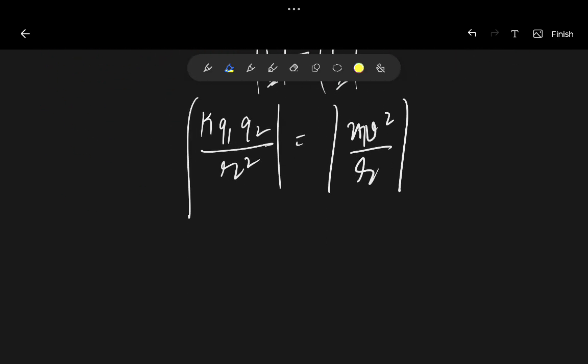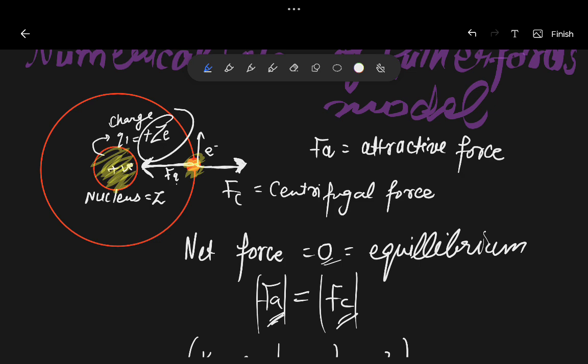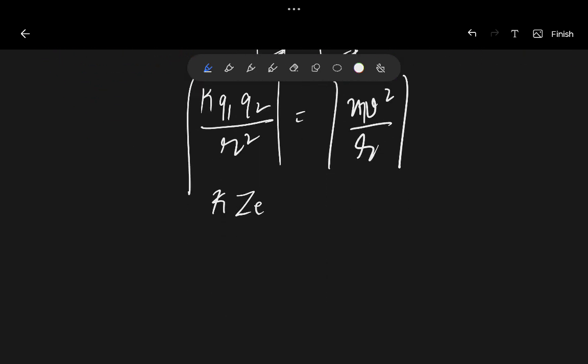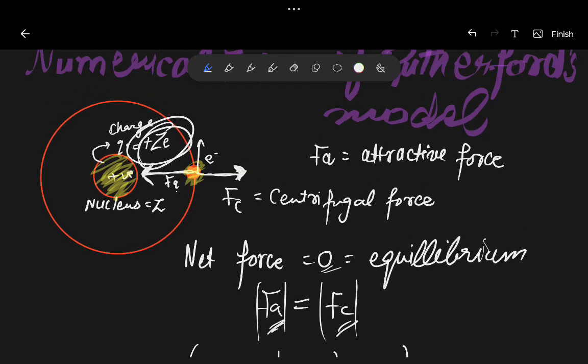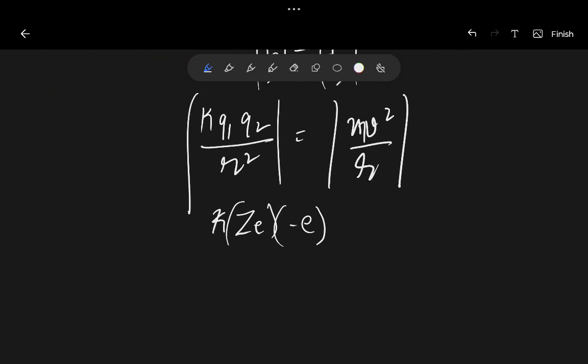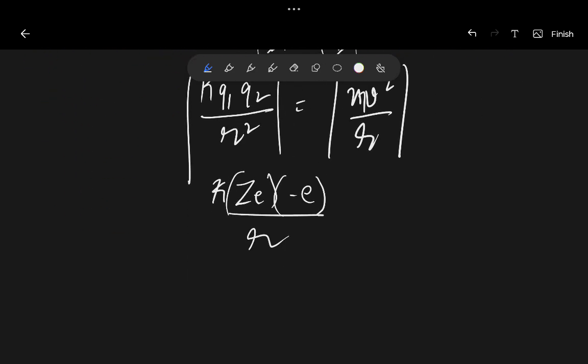Let's put them. So it would be like this, Q1 is Ze. I told you the charge on the nucleus is Ze, right? So it's multiplied, and along with this one, the electron is having a charge of negative e, upon R square. Now as you can see, we can just cancel it like this.